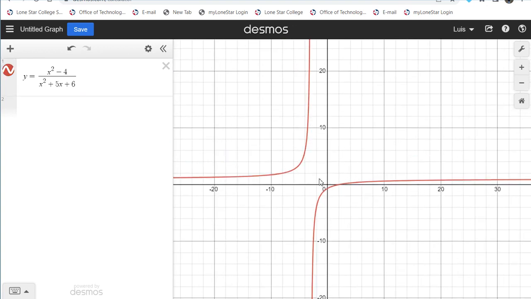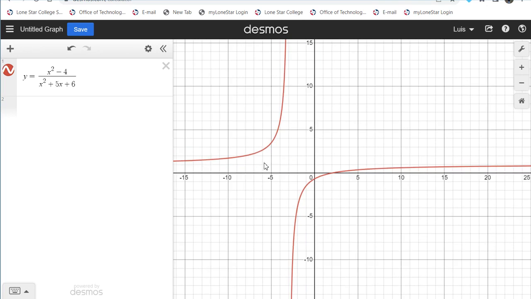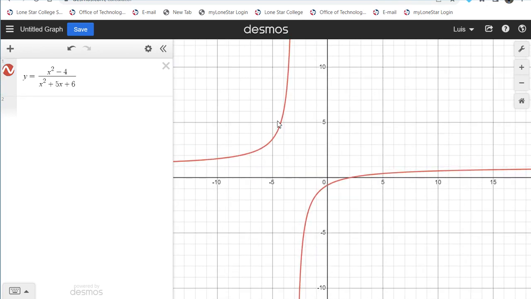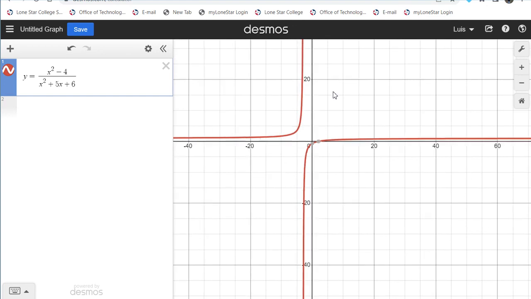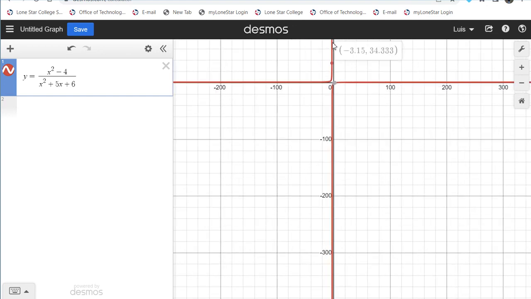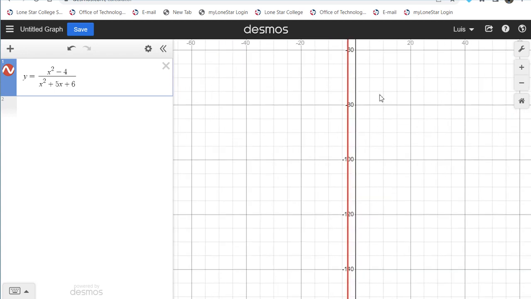So notice the asymptote right here. But notice that it was undefined at -2. And let me see, -2. Oh, wait, -2 is over here. Sorry.